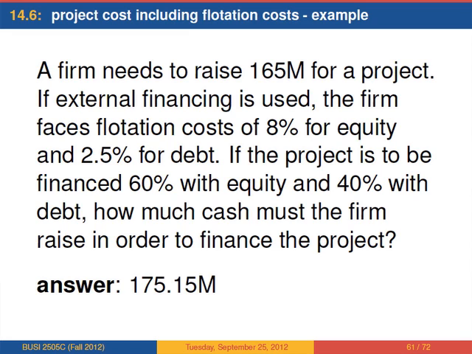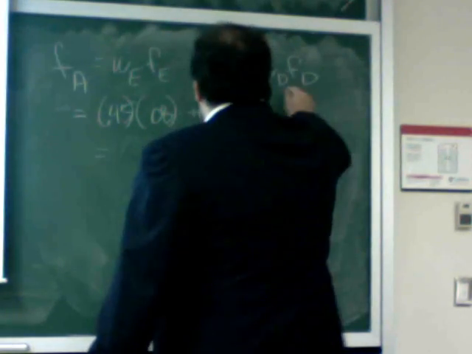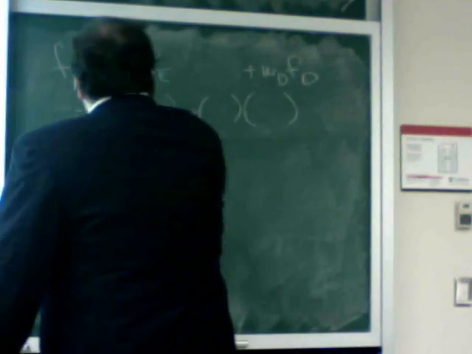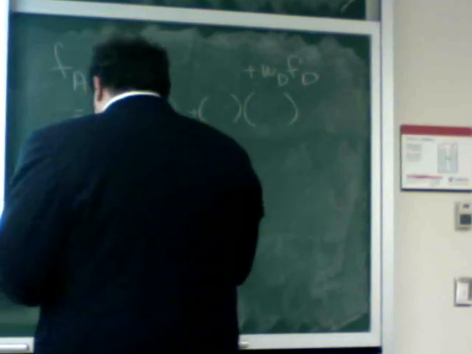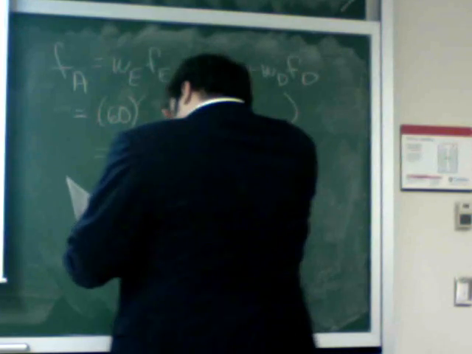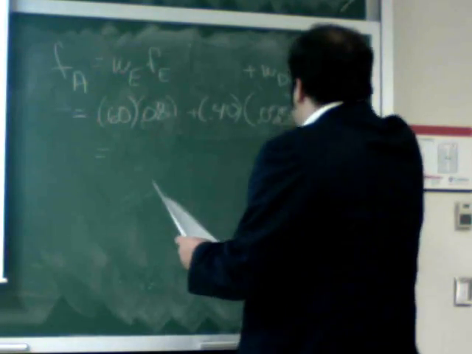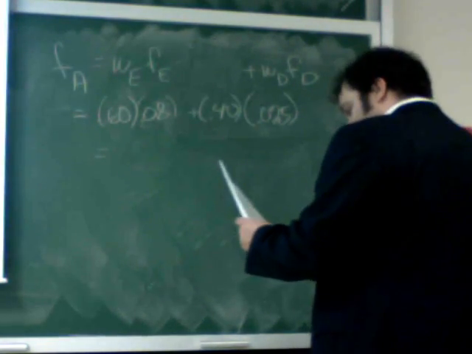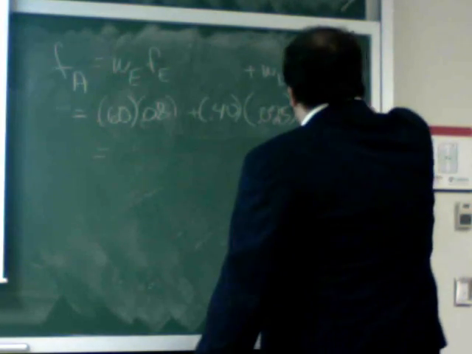Well, first, the weight of equity here is 60% equity, 40% debt, 8% flotation costs for equity, and 2.5% for debt, meaning that the average flotation cost is 5.8%.